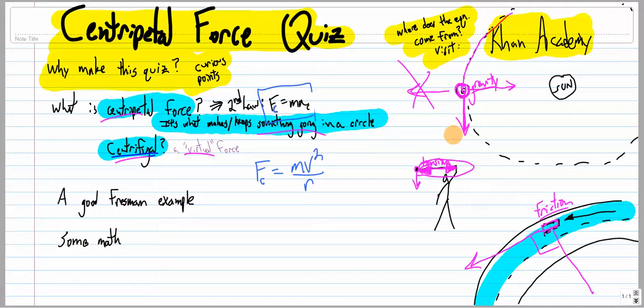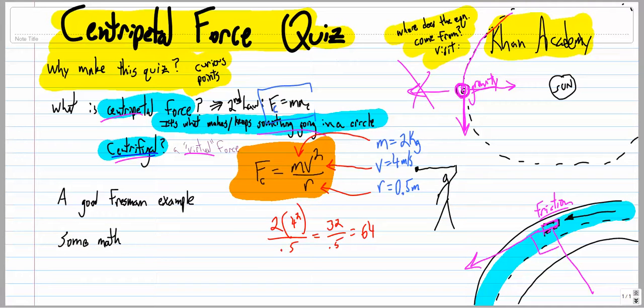I'm going to make up some numbers for my person twirling this rock on a string. I made up a mass of 2 kilograms, a velocity of 4 meters per second, and a radius of 0.5 meters. The radius is how far away the object is from the center point, r. M is mass, v is velocity. If we put in 2, 4 squared, and 0.5, we wind up with 32 on the top and 0.5 on the bottom, so 64. 64 what?